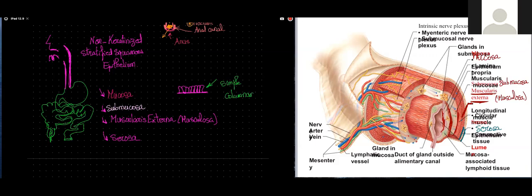Simple columnar epithelium. Do I need to have cilia here to allow the movement? No, you're moving huge structures. Cilia can't move those large structures. You rely on muscle contraction to allow the movement. So it will not be ciliated. It will be a non-ciliated simple columnar epithelium.